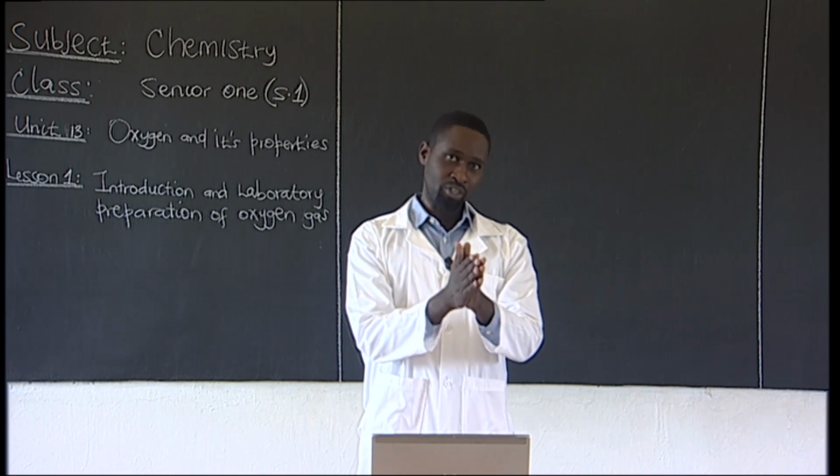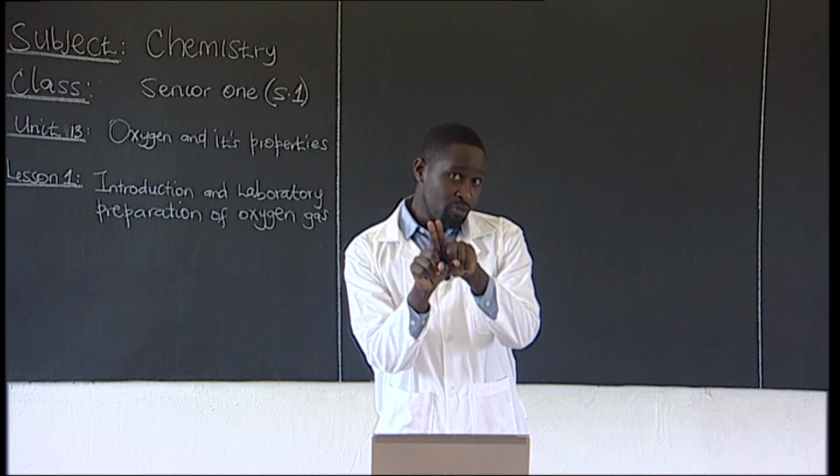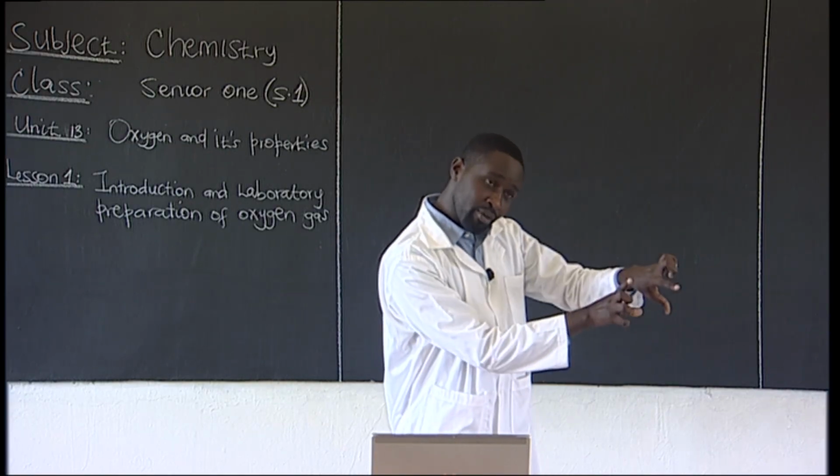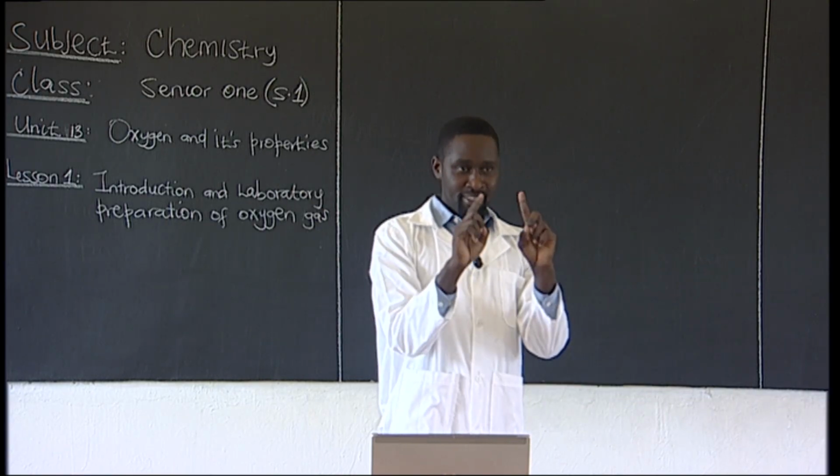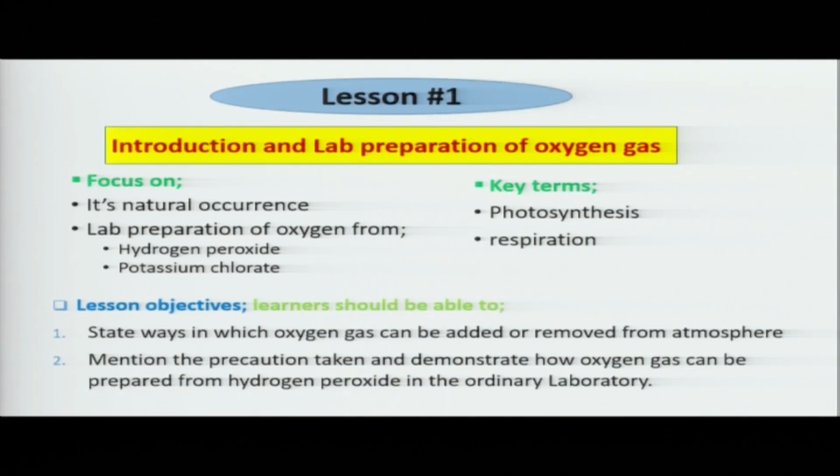objectives for this lesson. I want you not to confuse the objectives I gave you at the first were for the whole unit. This lesson has two main objectives which we are to achieve. One, you should be able to state ways in which oxygen gas is added or removed from the atmosphere.